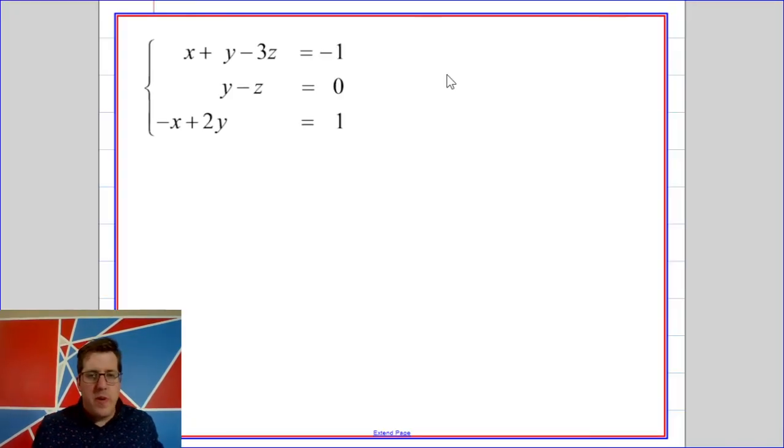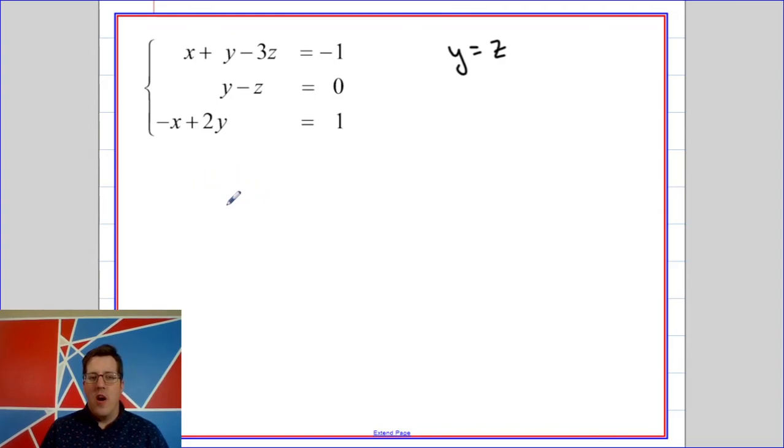I'd like to finish by illustrating that you can use substitution to solve a 3x3 system of equations, but that you might not choose to. We would want to start by isolating whatever the most convenient variable is. So let's say for this one that is that y equals z.